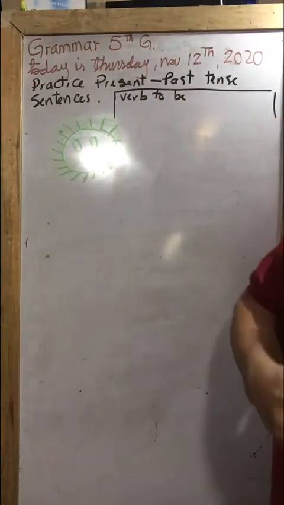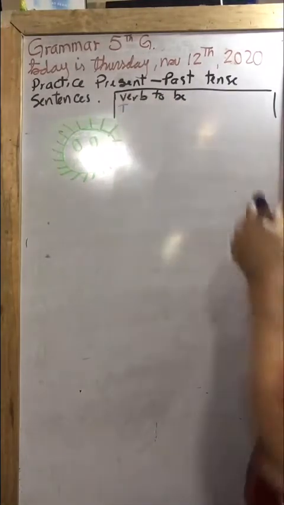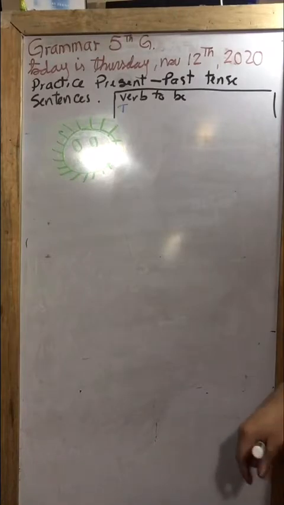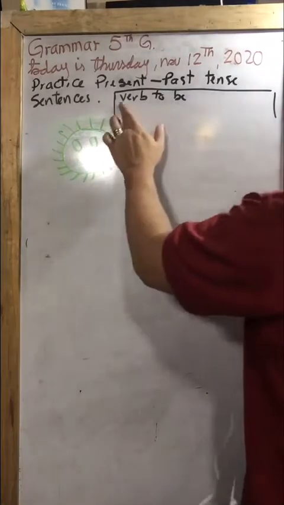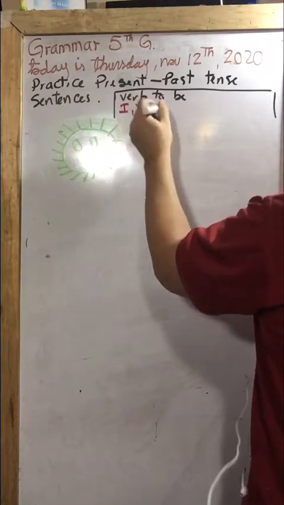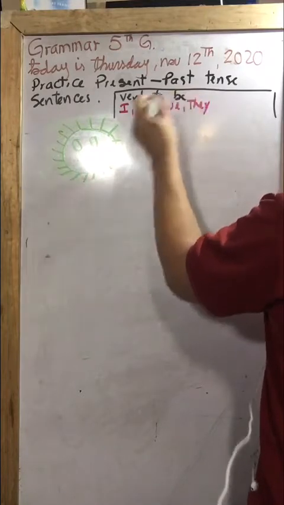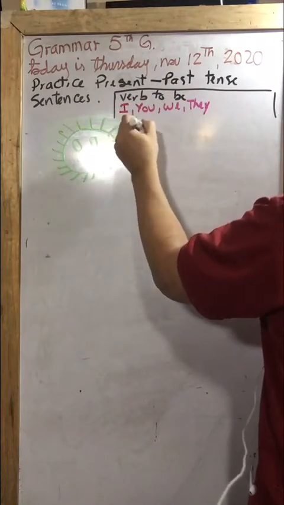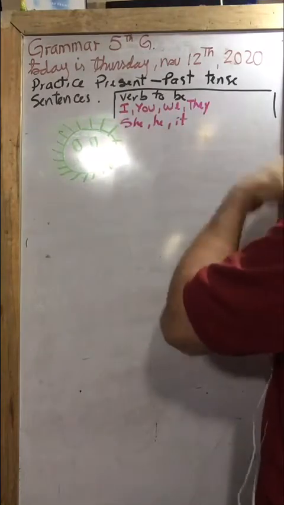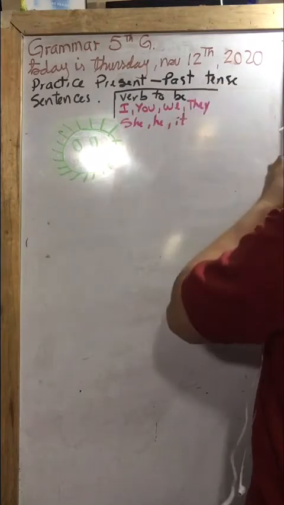What are my verbs to be, if you want to remember: I, you, we, and they, and she, he, and it. Okay, that's the first rule that we are going to learn today.